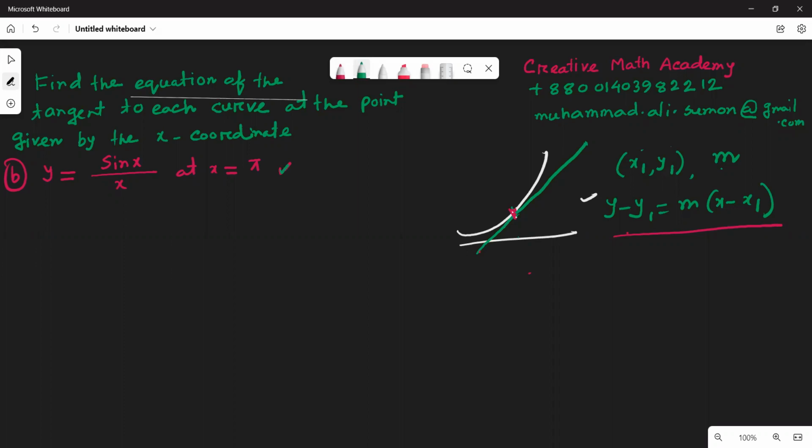Now at first, we should find the value of y when x equals pi. So when x equals pi, y equals sin pi over pi. So the result will be 0.